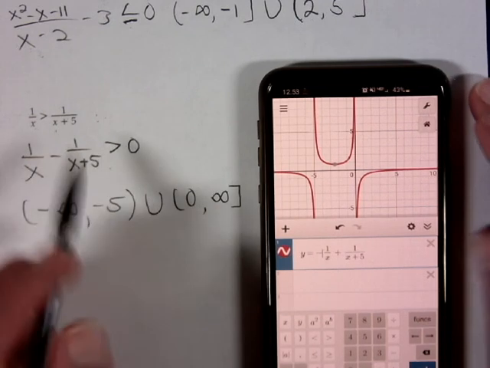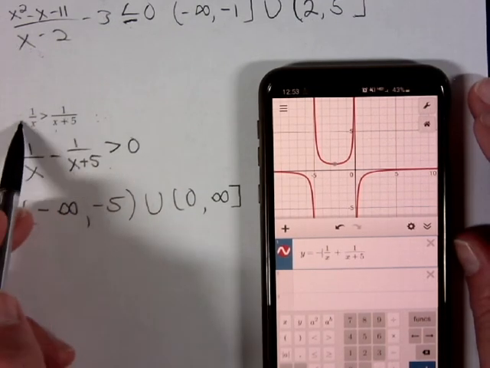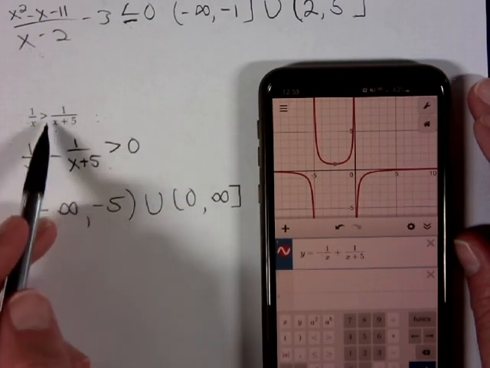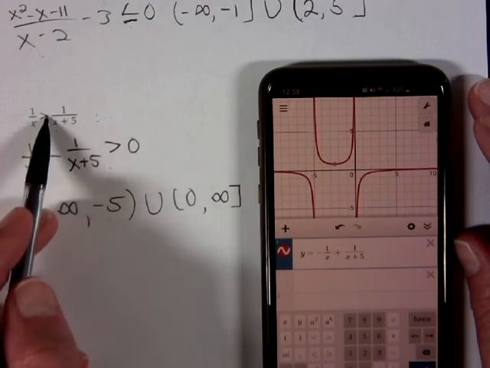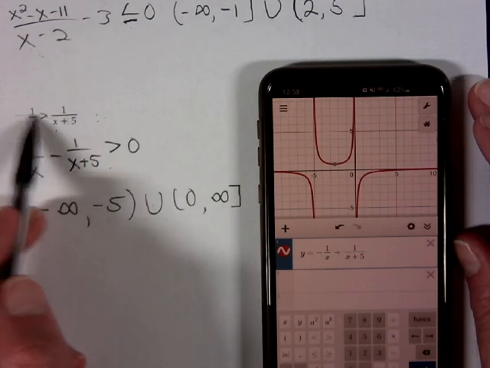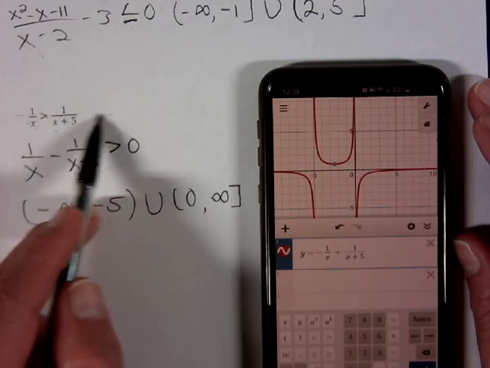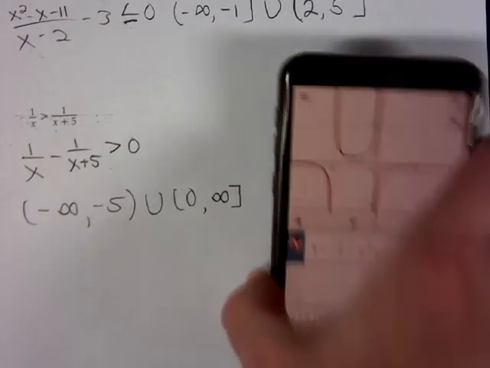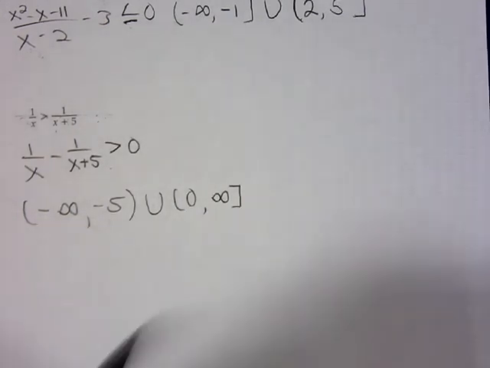So to answer the question, does it matter which side you move all your terms to? The answer to that question is no, as long as you recognize your inequality sign correctly. So from here it'd be greater than 0, but from this side it would be less than 0. All right, and it still works out to the same answer, so that would not affect your answer.